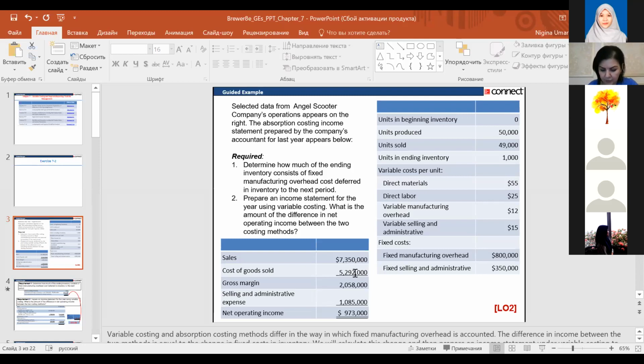So 16, if we multiply by the number of units sold, 49,000, so 784,000 of fixed manufacturing overhead has been included in the cost of goods sold on the absorption costing.